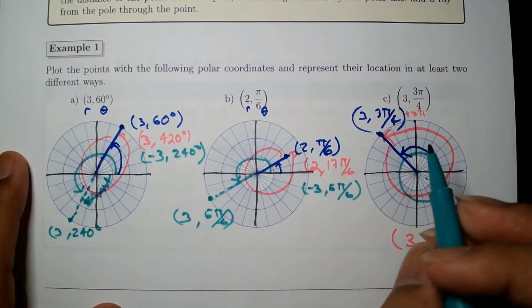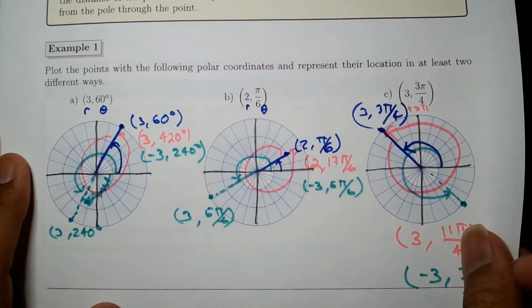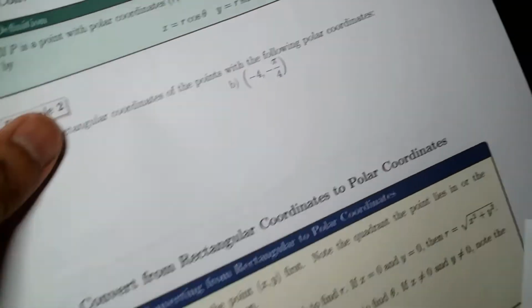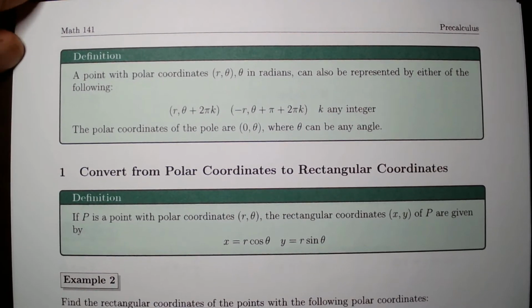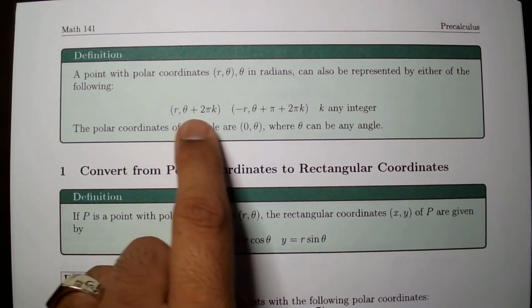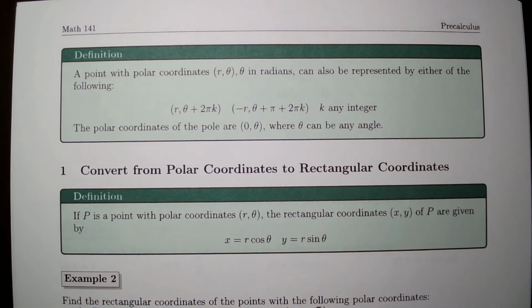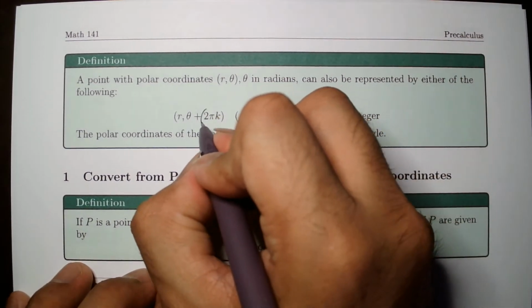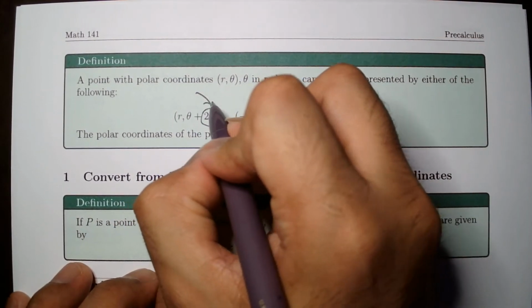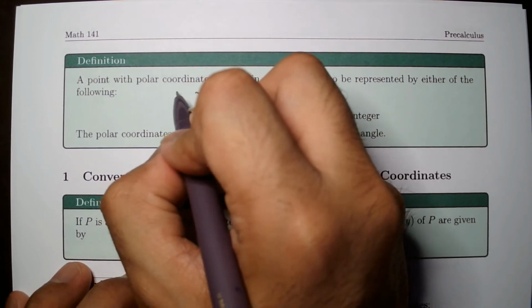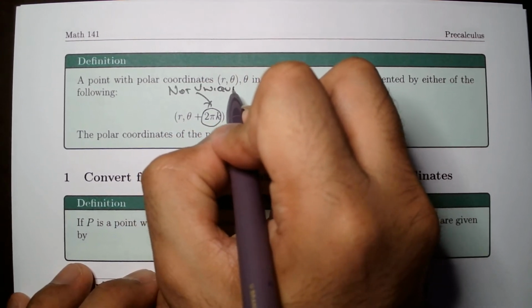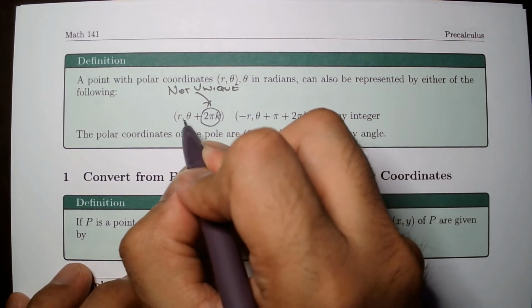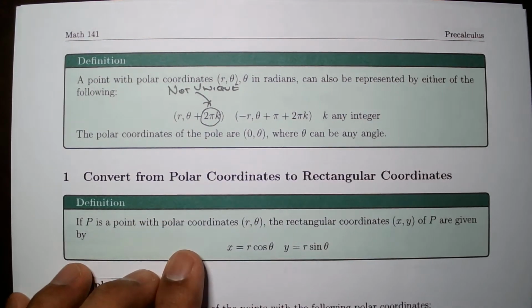So as far as having the negative signs, let's have a look at this definition right here. We have these two points, and this 2πk right here tells us that these points are not unique, because we can add multiples of 2π to the angle, having the same radius.